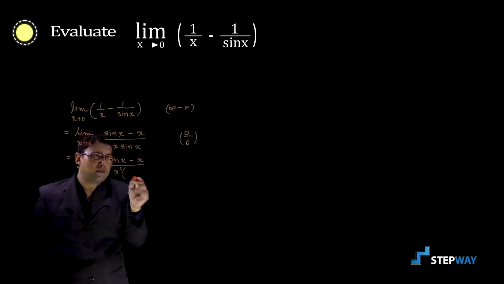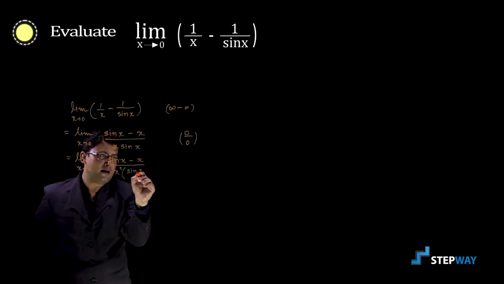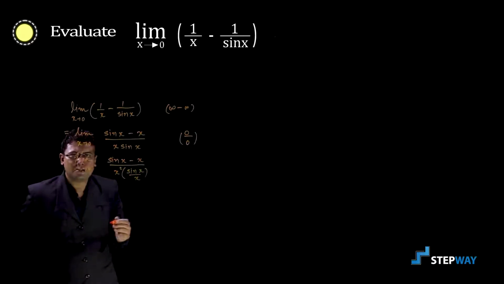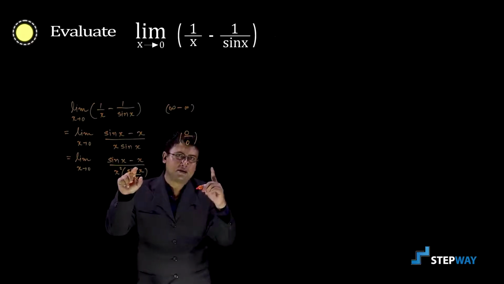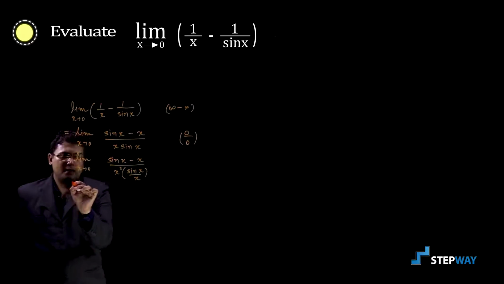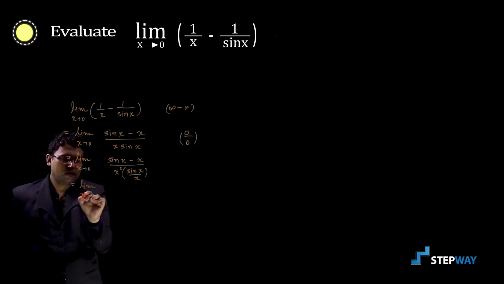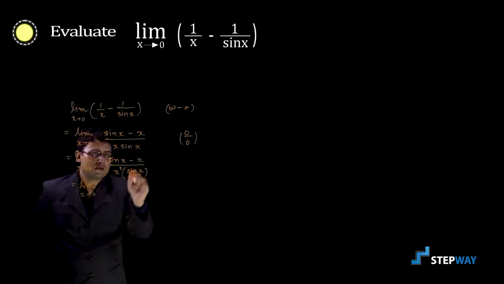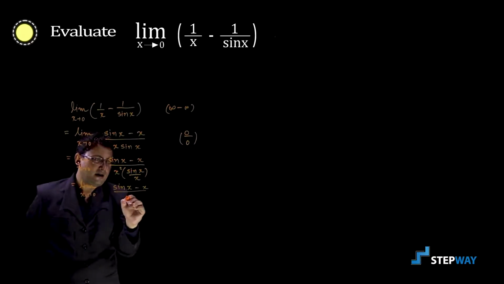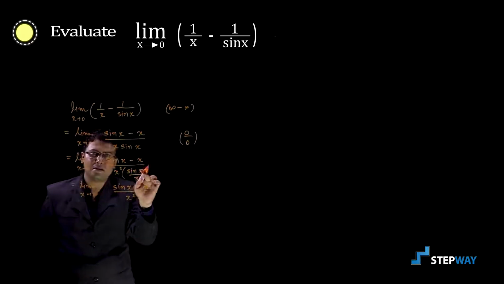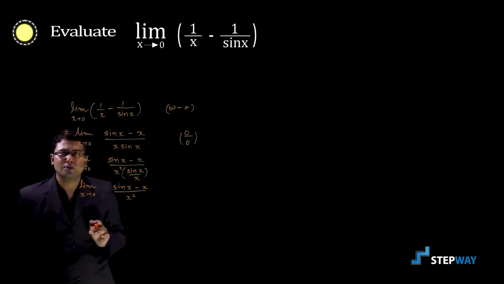And here we divide by x, that is sin x by x. Because we know that limit x tends to 0, sin x by x is 1. So we get limit x tends to 0, sin x minus x, divide by x square, and this limit is 1 as x tends to 0.